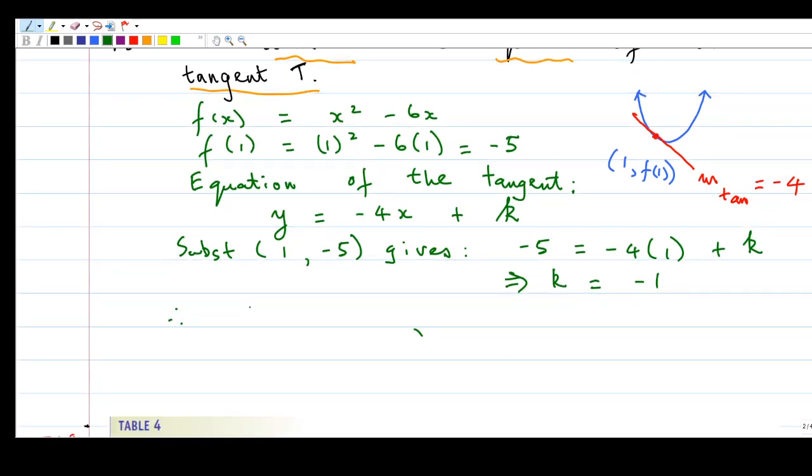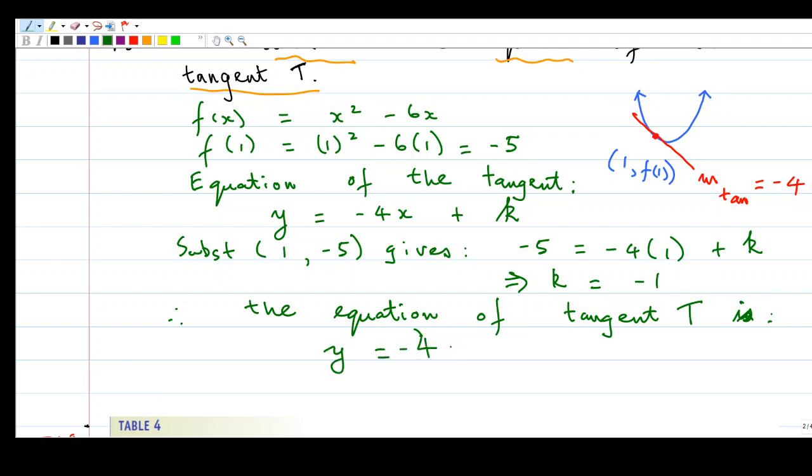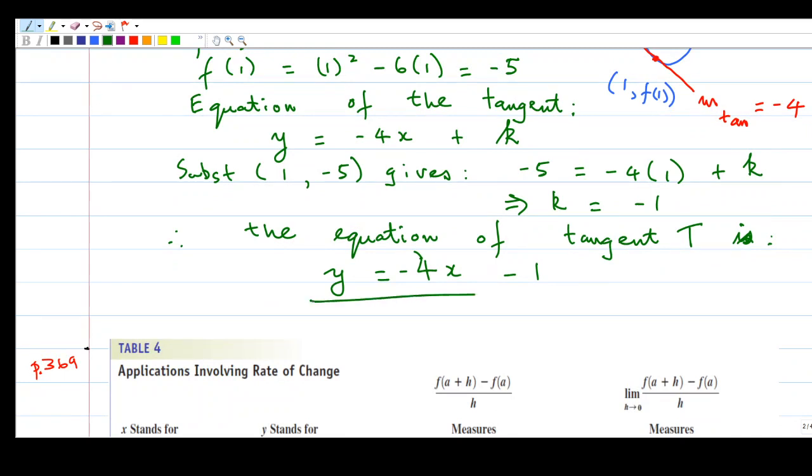Therefore, the equation of tangent T is y is equal to negative 4x minus 1. Right?